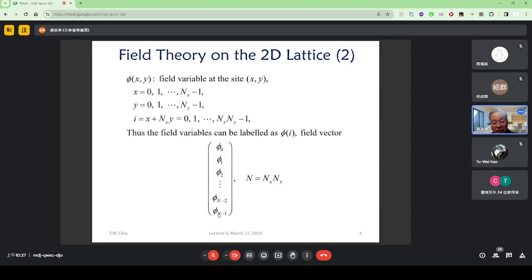So to know the solution of this vector, which is all the field on this two-dimensional lattice, this is the goal: given the boundary condition, find what the field is on each site.